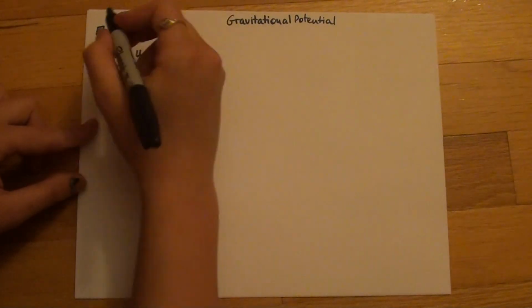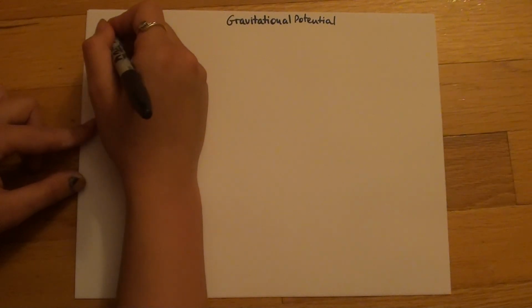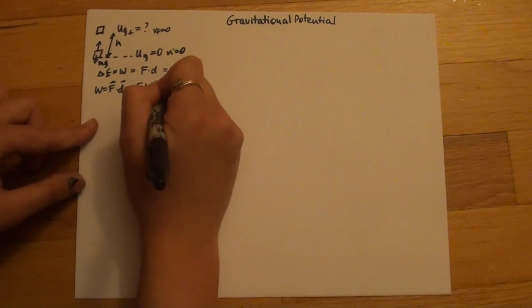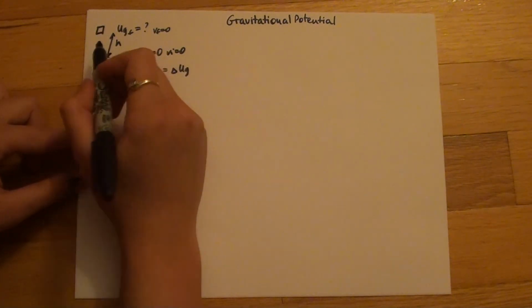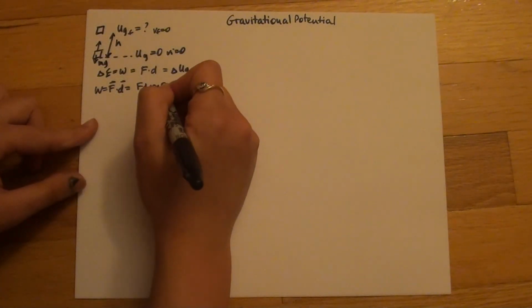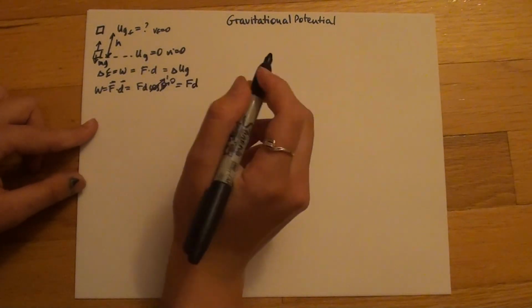But since the force that we exert to move this up is in the same direction as the movement of the box, the dot product equals F d cosine theta, and theta is equal to 0 because the force we exert is up and the distance it moves is also up. So cosine is 1, and force dot d just equals force times distance.